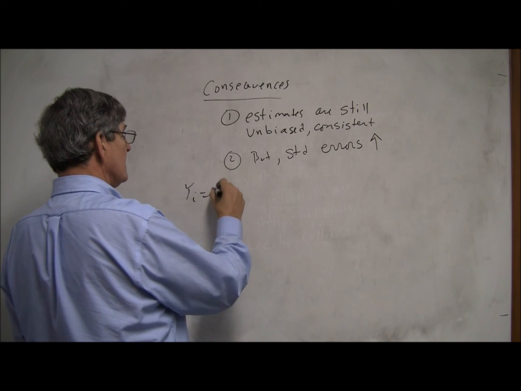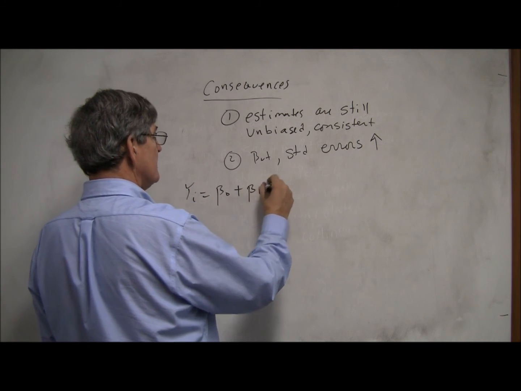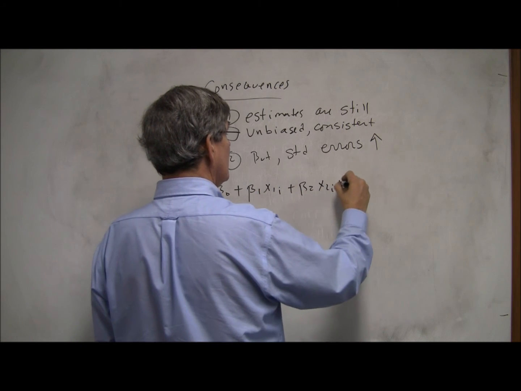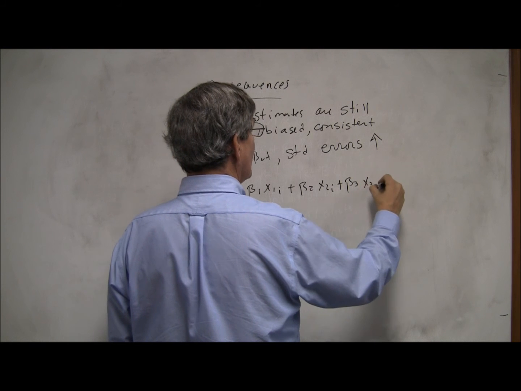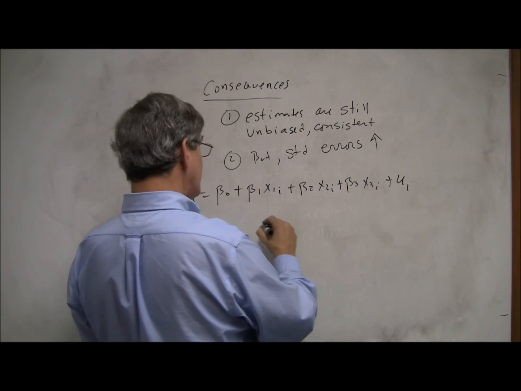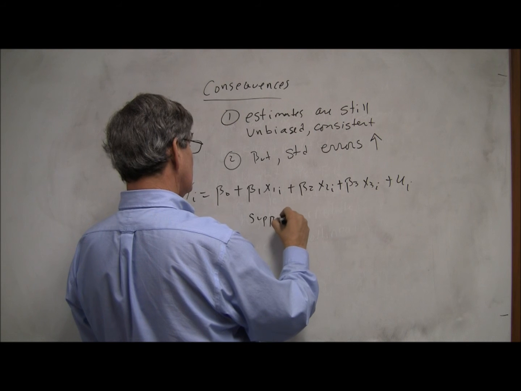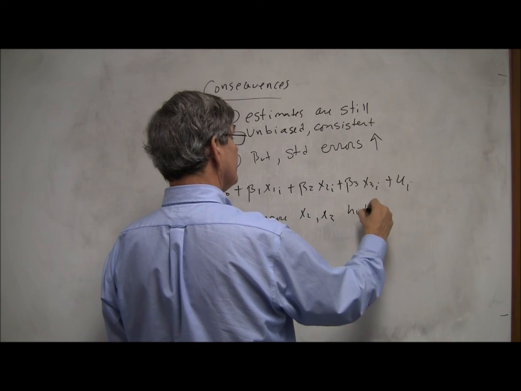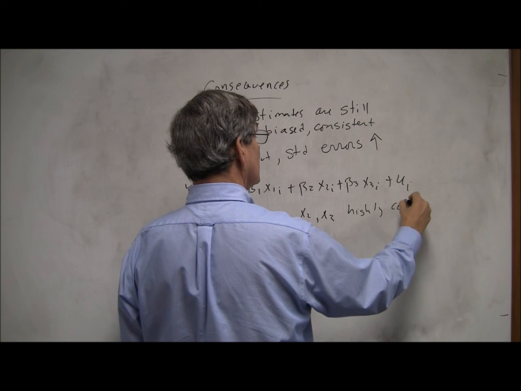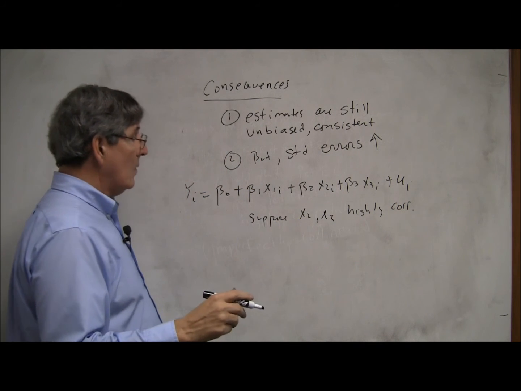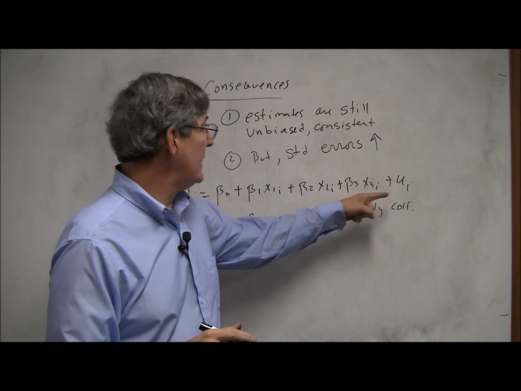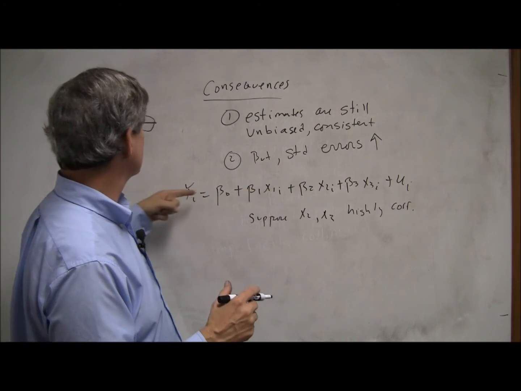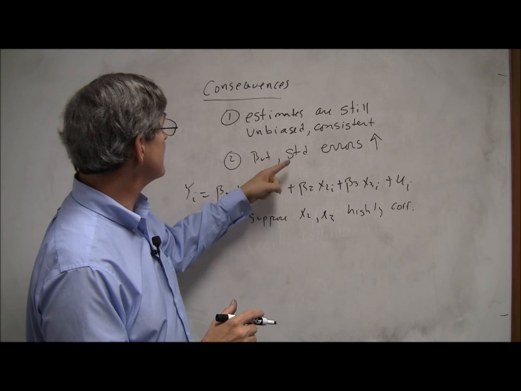You have y_i equals beta 0, I'm just going to write a simple model, plus beta 1 x1i plus beta 2 x2i plus beta 3 x3i plus u_i. Suppose x2 and x3 are highly correlated. We're still going to get unbiased and consistent and efficient estimates, but the standard errors will be big.